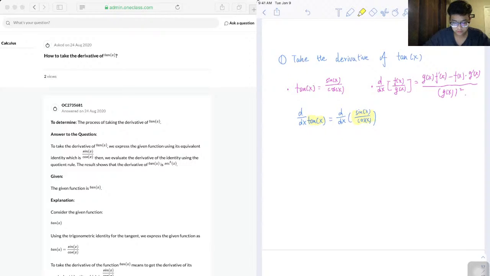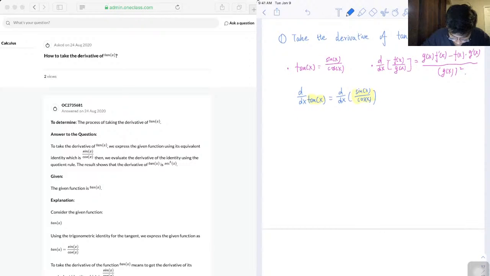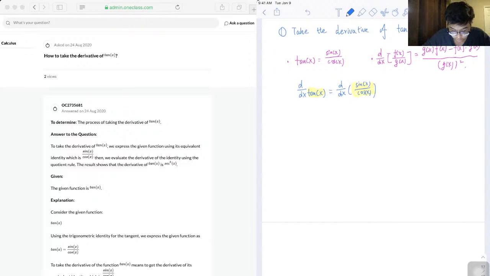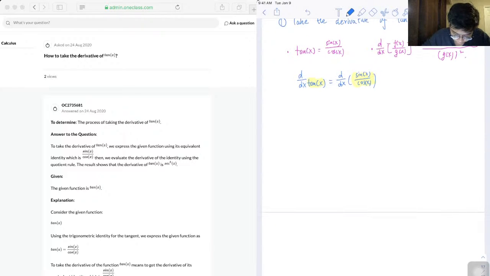These two parts are equal. Notice that the right-hand side involves getting the derivative of a quotient, since there's a function over another function, so now we need to apply the quotient rule.